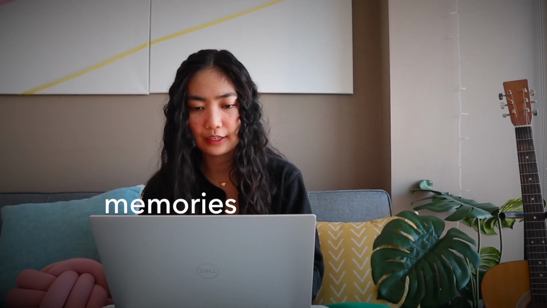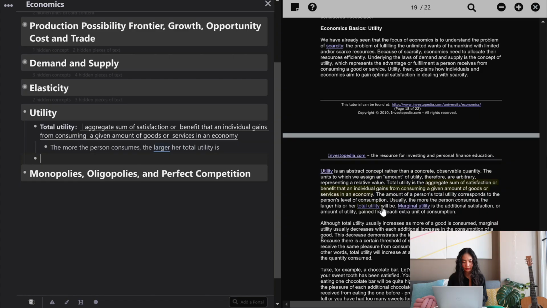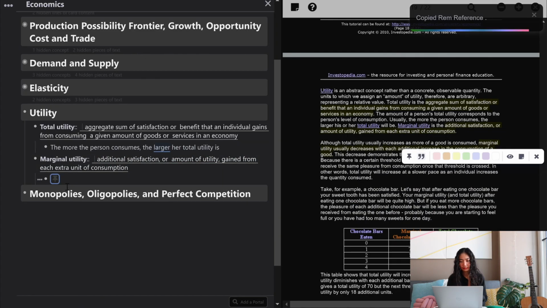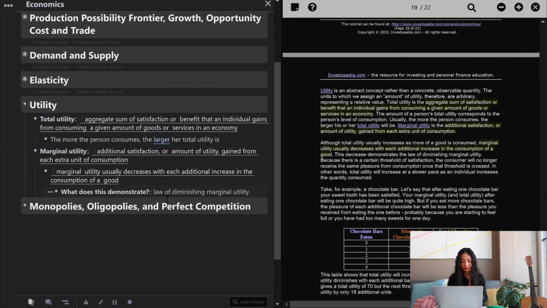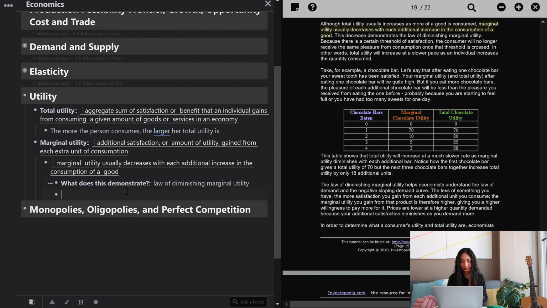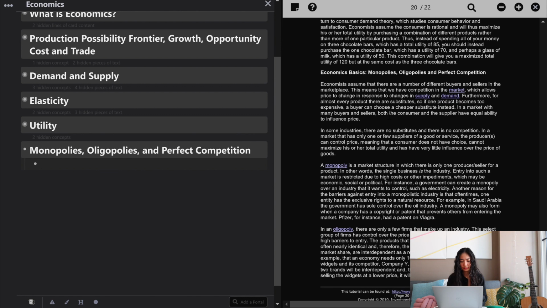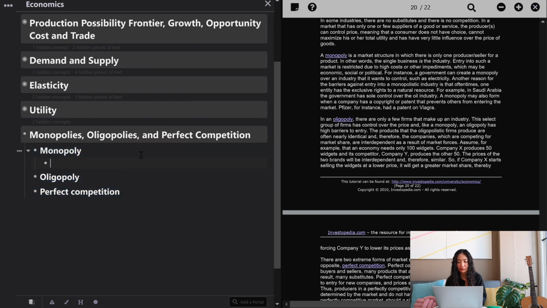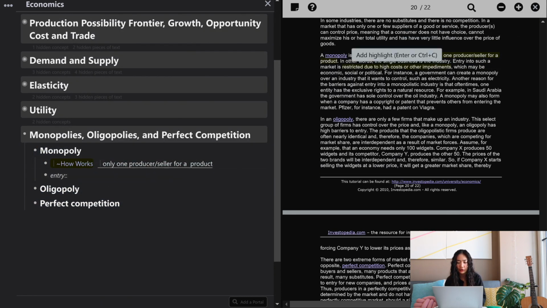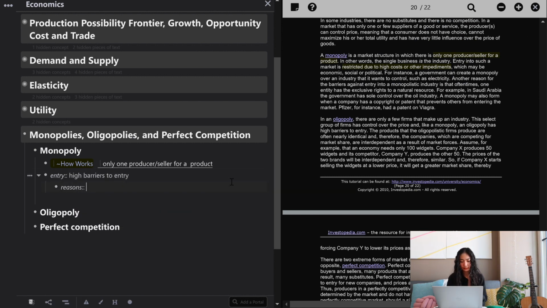Law of diminishing marginal utility. For the rest of these market structures, I'm gonna use the how works universal descriptor.